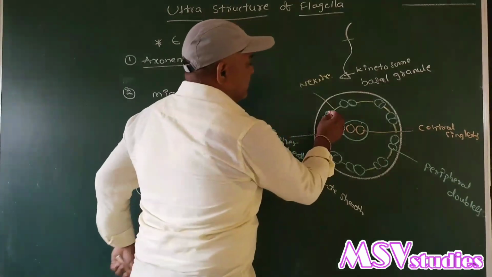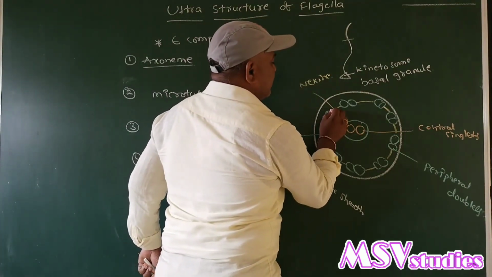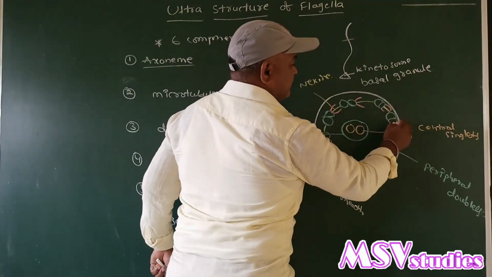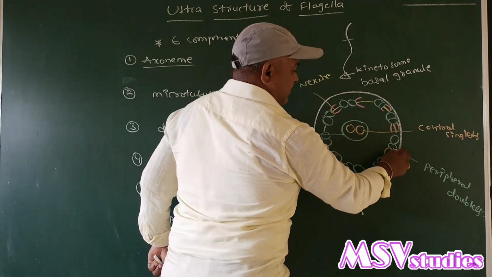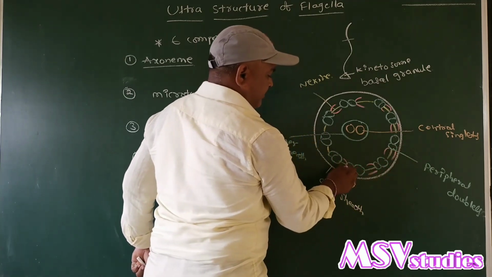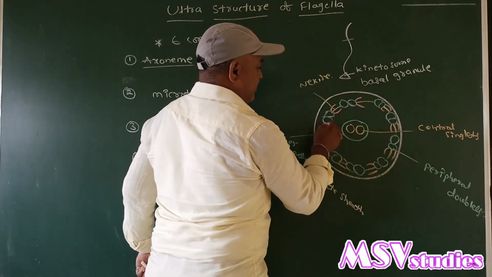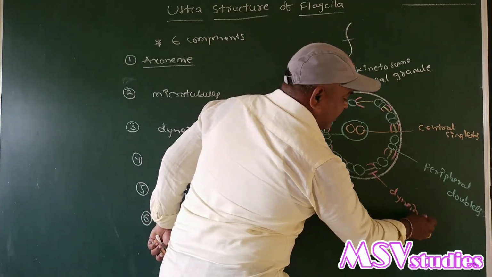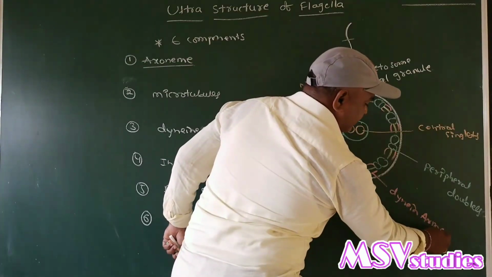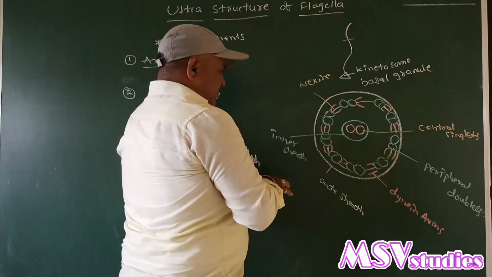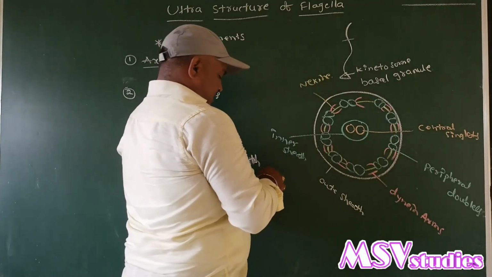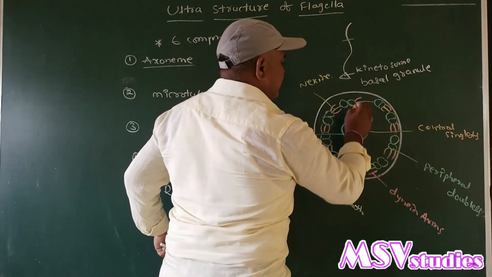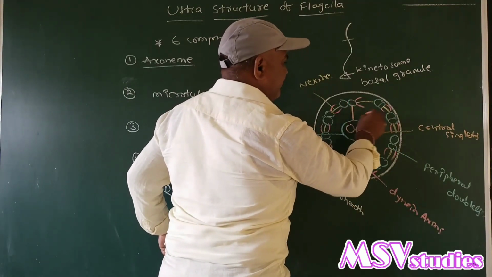Next, these peripheral doublets have one pair of dynein arms. So these are dynein arms. Next, these peripheral doublets connect with the inner sheath by the radial spokes.